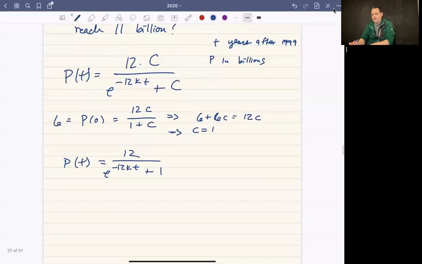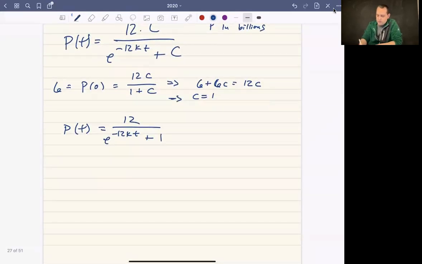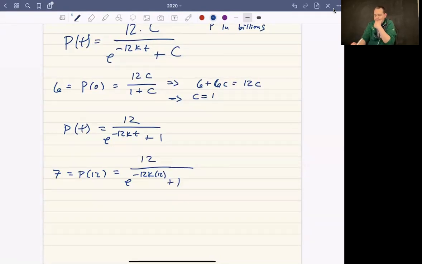Then finally, to find k, we use our second data point. We know that P of 12, in other words the population in 2011, was 7 billion. That's 12 over e to the negative 12k times 12, plus 1. Now we just need to solve this for k.